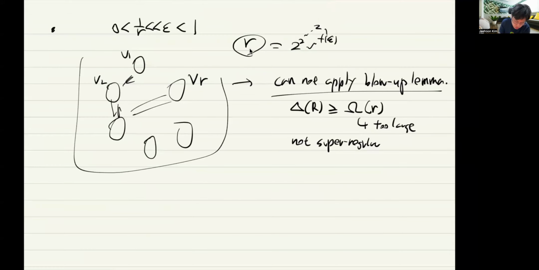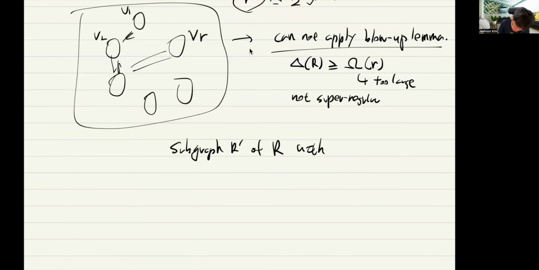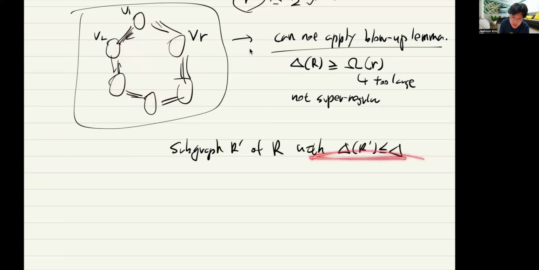So later, usually what you do is consider the regular reduced graph, and then you find a subgraph R prime of R with bounded degree. So instead of taking all epsilon regular pairs, say you take your R prime as a Hamilton cycle, then you only consider these epsilon regular pairs and forget the other parts. Then this satisfies the condition.